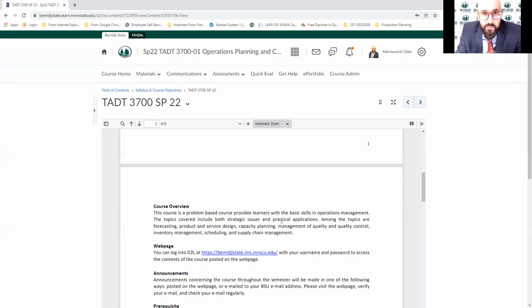Whether you look at it from a financial perspective or from a performance perspective, it's about bringing better efficiency to the process. And also we will be talking about supply chain management. This is a new topic that the public are aware of because of the instability of the supply.